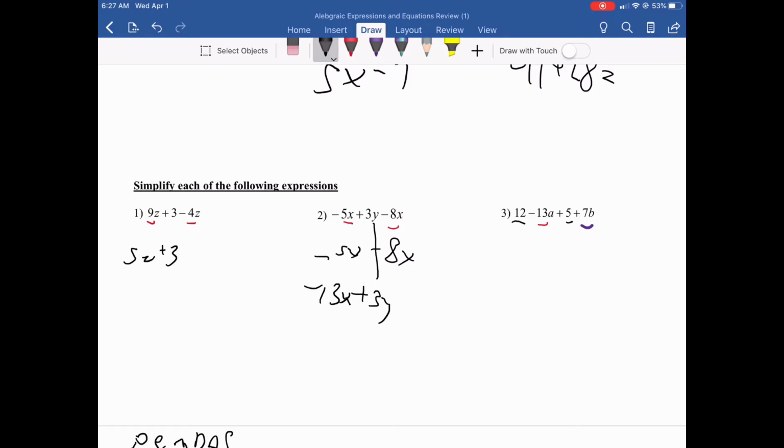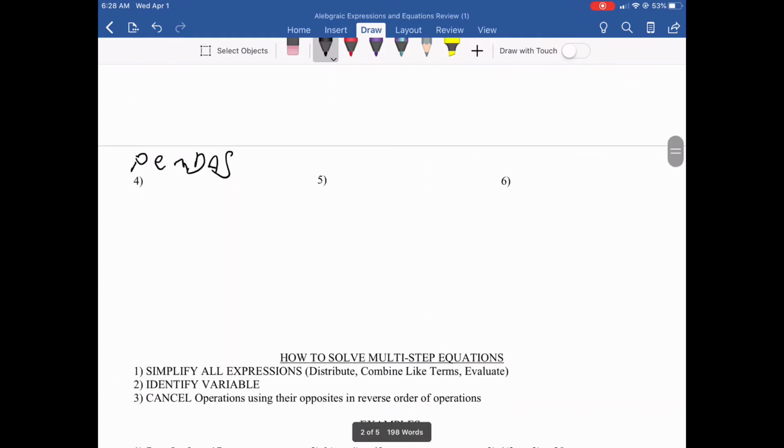So 12 combined with 5, that's a positive 5, equals 17, take away 13a, plus 7b.